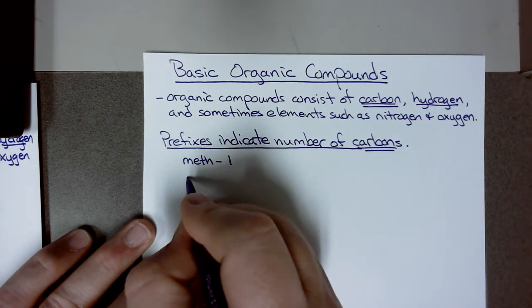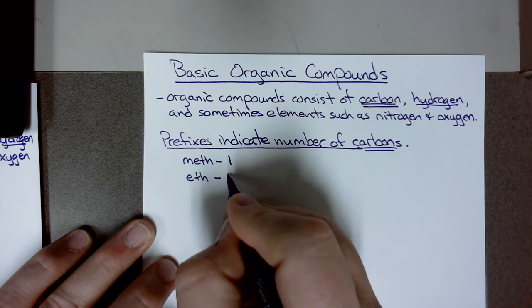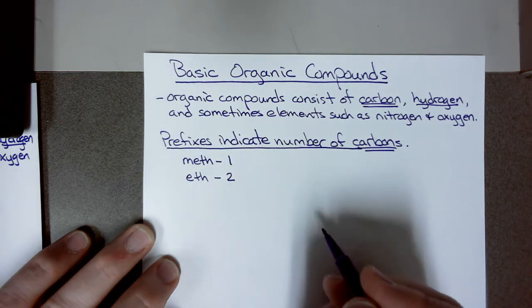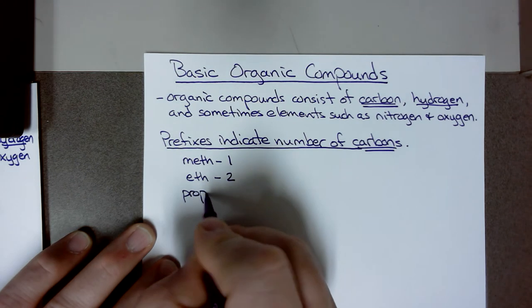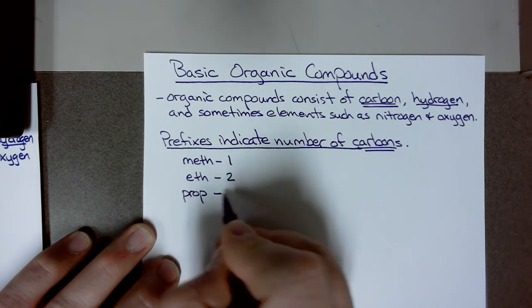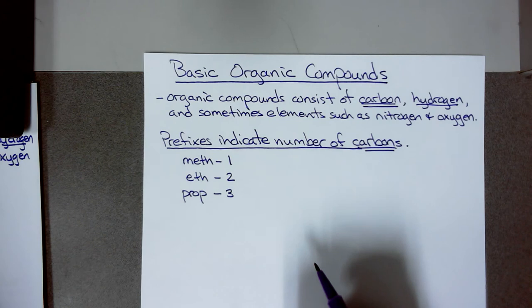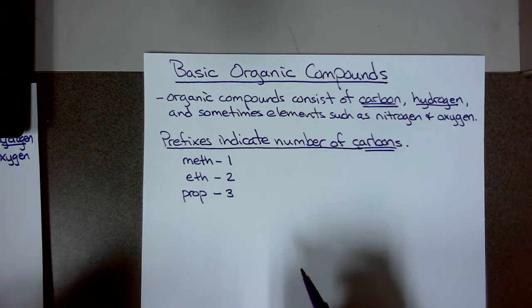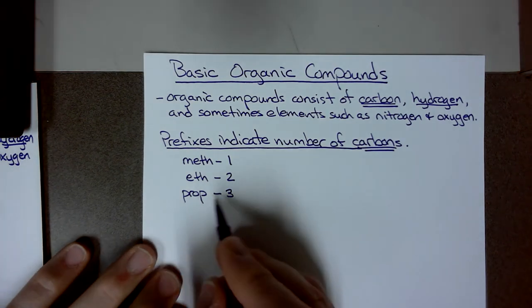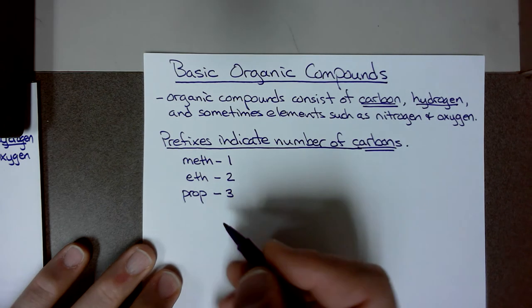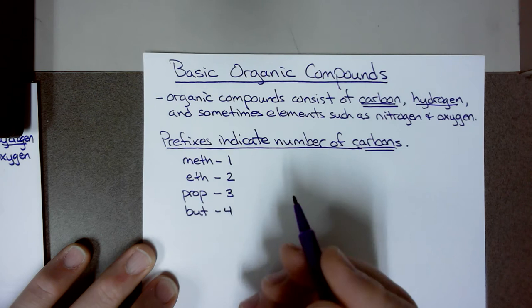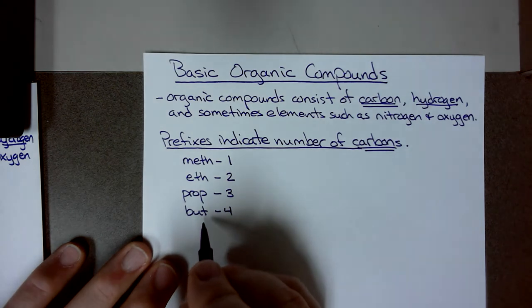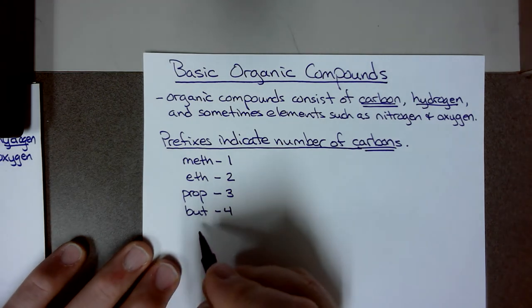If you have eth, that means you have two carbons, like ethane or ethanol. If you have prop, that's three carbons, like propane or isopropyl alcohol. Anytime you see the word prop or prefix prop, you have three. But would mean four carbons, and so like butane is the liquid that's found in lighters.